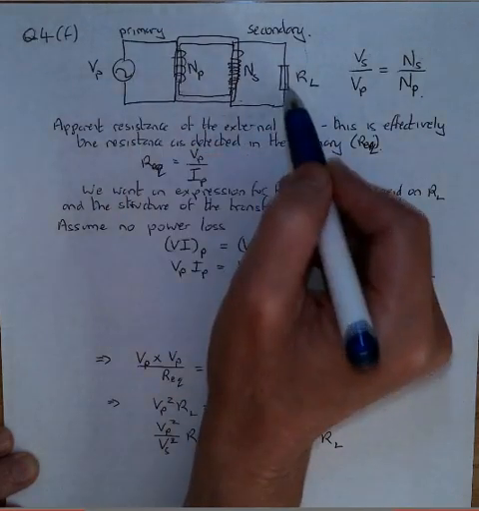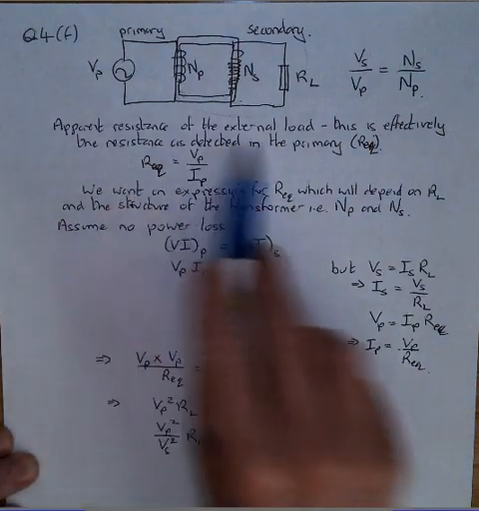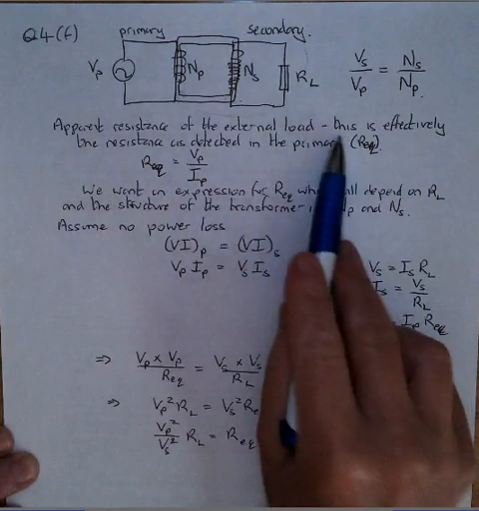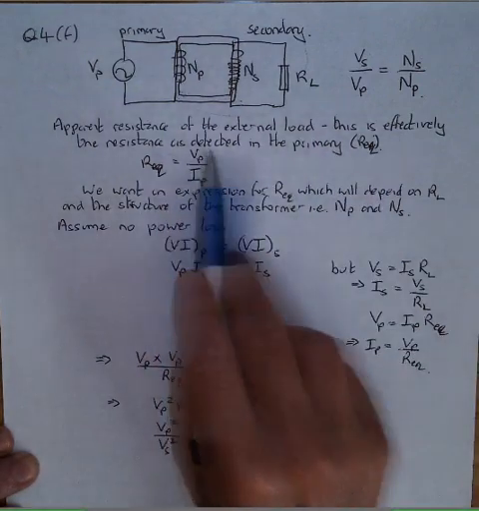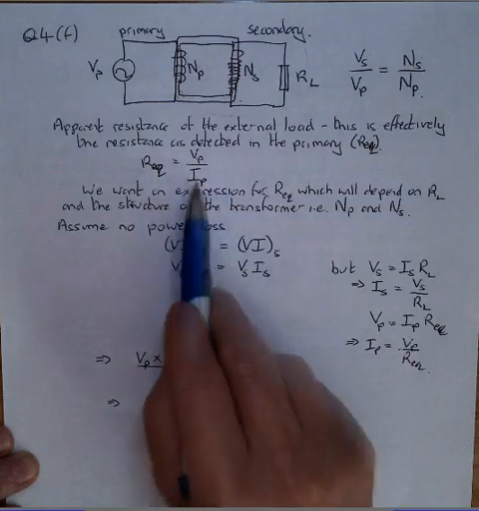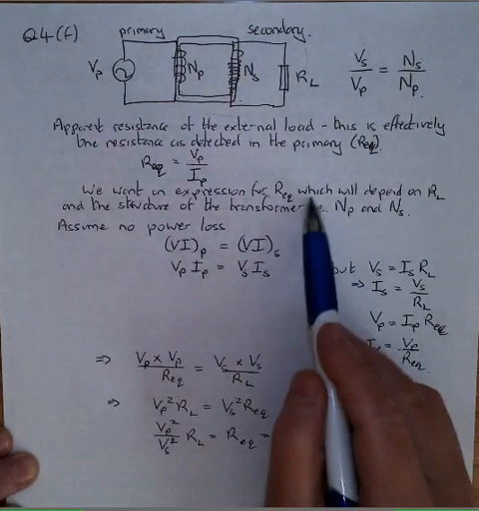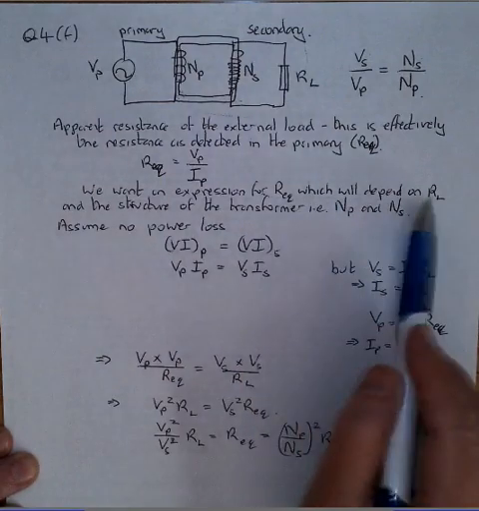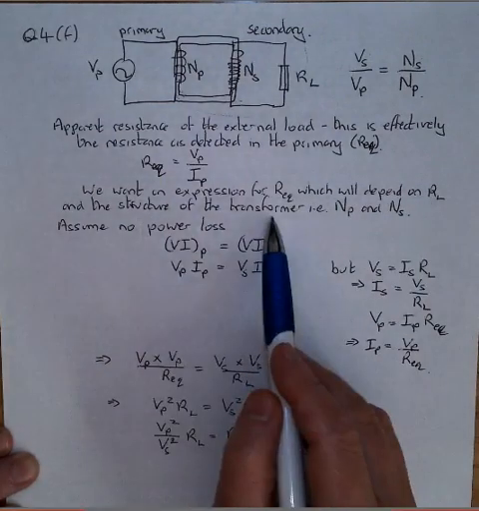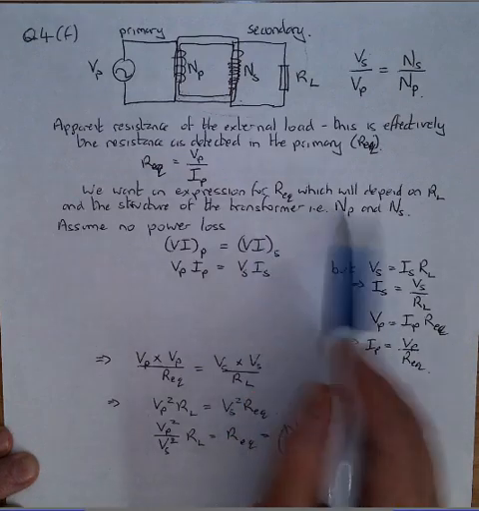And it's going to be related to RL. The apparent resistance of the external load is effectively the resistance as detected in the primary. So what we're trying to work out is an equivalent resistance, which equals Vp over Ip. We want an expression for this equivalent resistance, which will depend on RL and the structure of the transformer, which is basically Np and Ns.